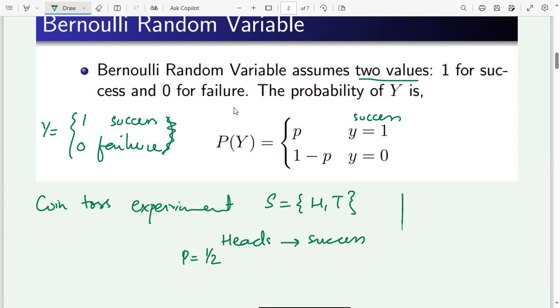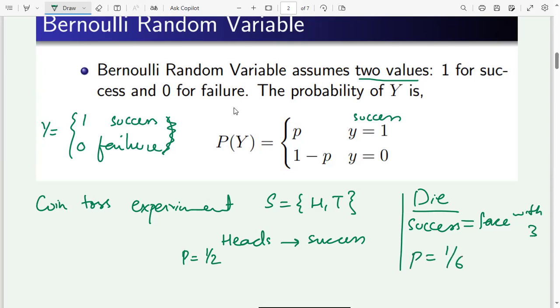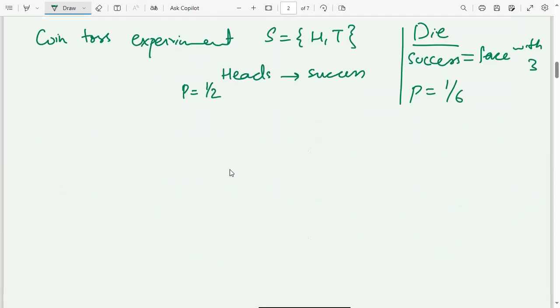If you consider a die, if I fix that success is having a face with number 3, then the probability of success would be 1 by 6, right? So the probability of success changes with the problem we are interested in.